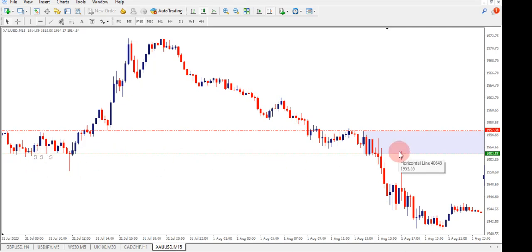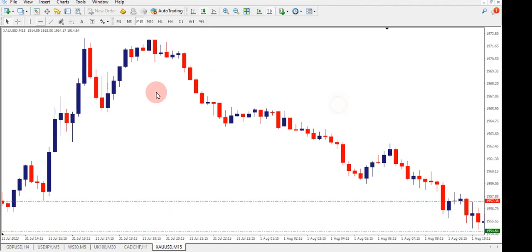In this range I have already discovered that we've got the bearish engulfing type 2.